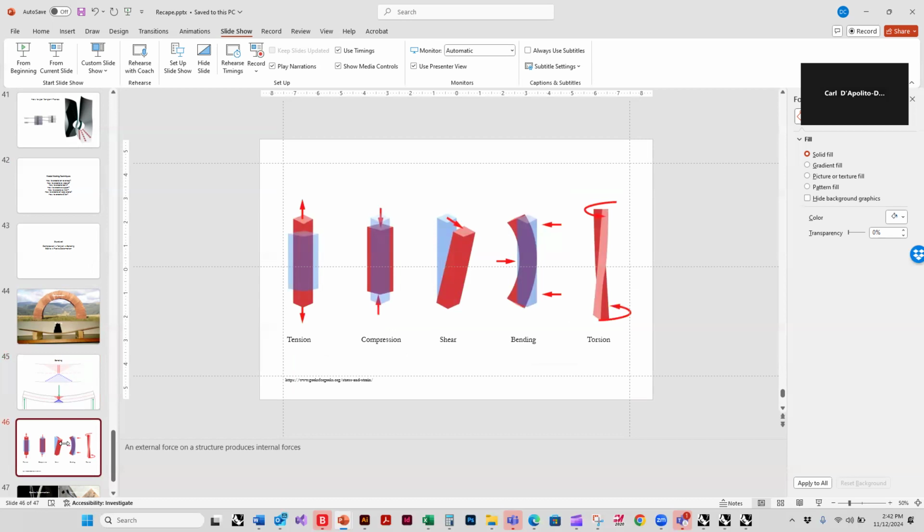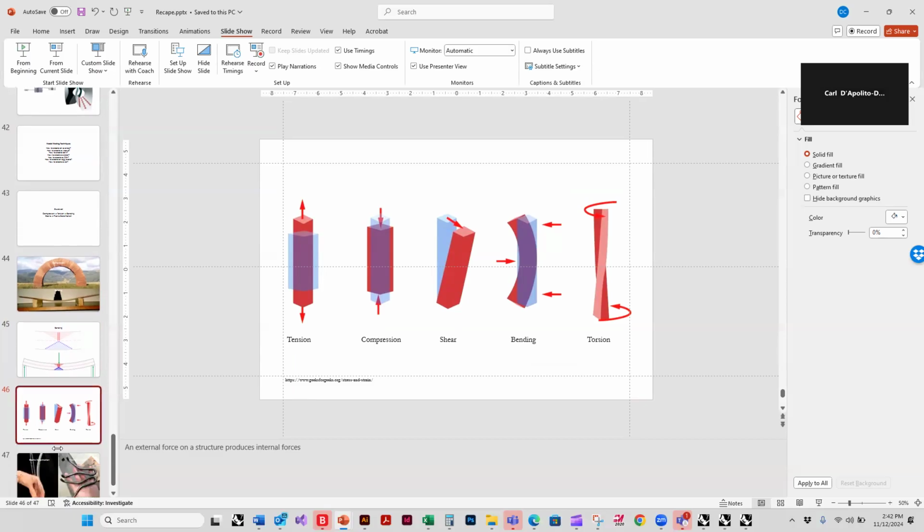And interestingly, torsion is the other force that is resisting the twisting that I talked about at the start of this class, right? So this is resisting curviness, and this is resisting twistiness. And materials resist each of these forces differently based on their internal composition.